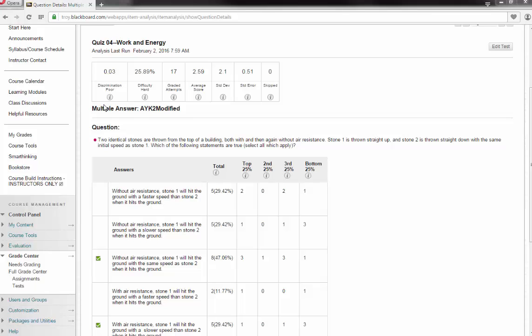The first question I want to look at is the applying your knowledge question number 2 that was on the exam. Of course, it was slightly modified from the textbook. In fact, all of the applying your knowledge questions I have to modify slightly in order to use them on the Blackboard exam, because of the way those are worded versus how I can word an exam that Blackboard will grade.